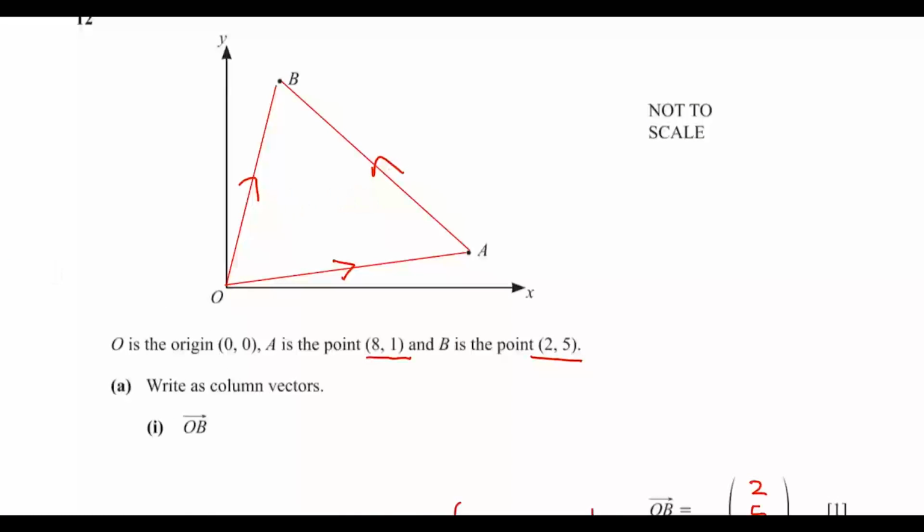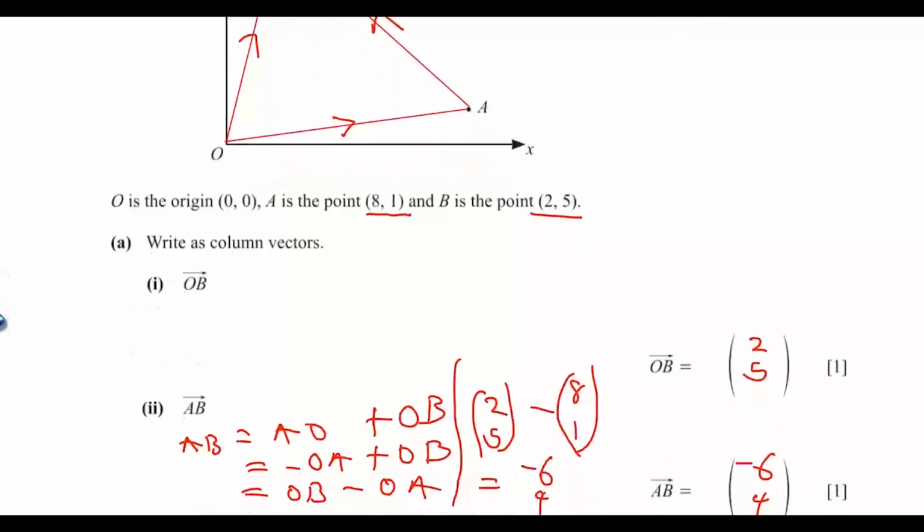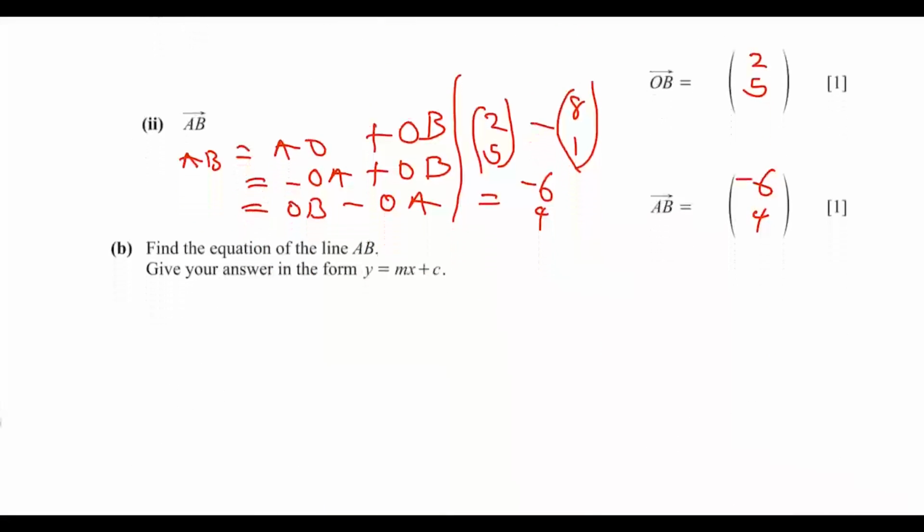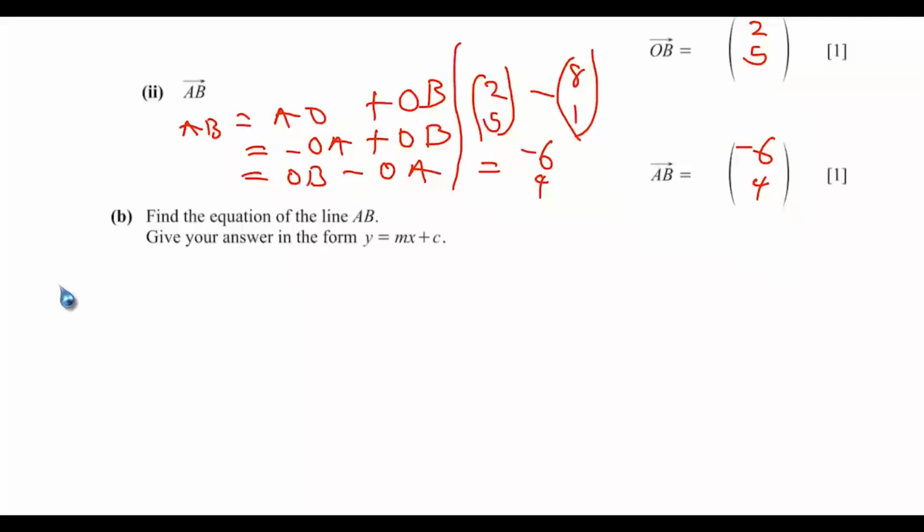Okay, with their coordinates. Let me write their coordinates here. So A has the coordinates 8, 1, then B has the coordinates 2, 5.